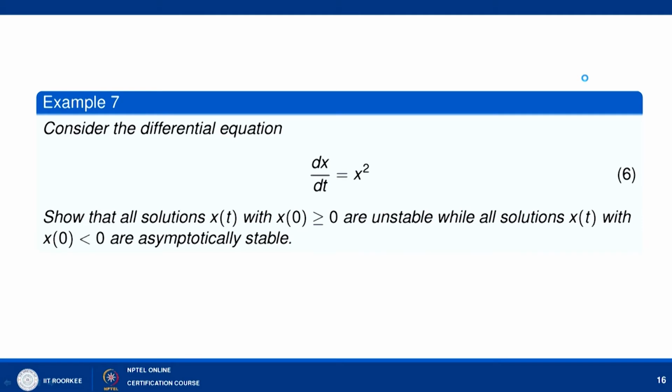Consider the differential equation dx by dt equal to x square, and in this case we show that all solutions x(t) with x0 greater than or equal to 0 are unstable, while all solutions x(t) with x0 less than 0 are asymptotically stable. We need to understand what we mean by asymptotically stable.